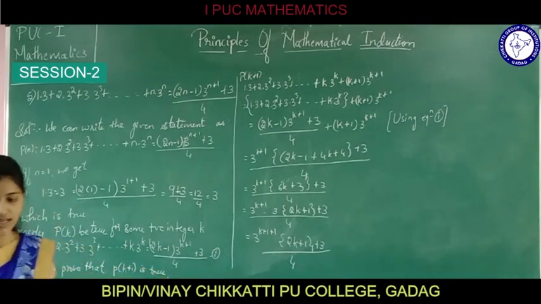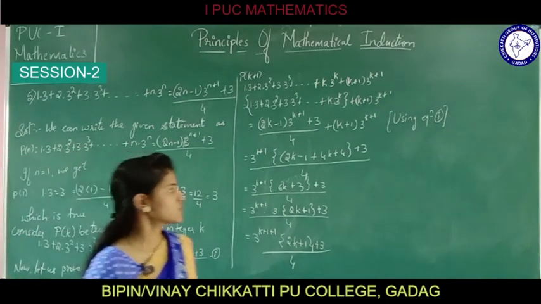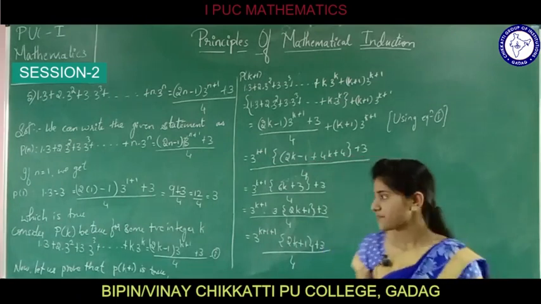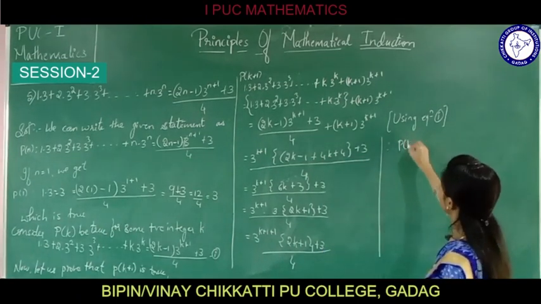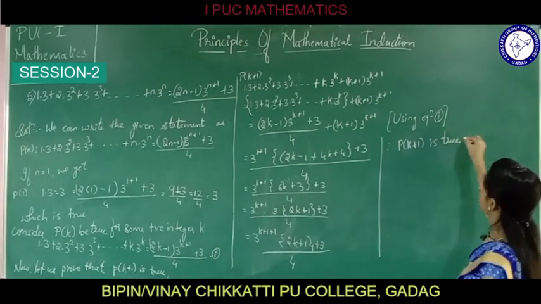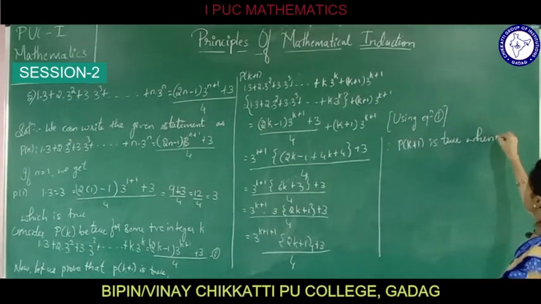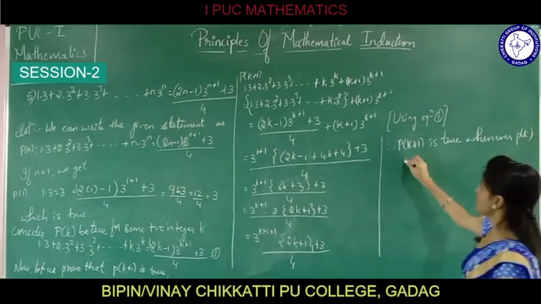Therefore, P of k plus 1 is true whenever P of k is true. How are we going to write it? Therefore, P of k plus 1 is true whenever P of k is true.